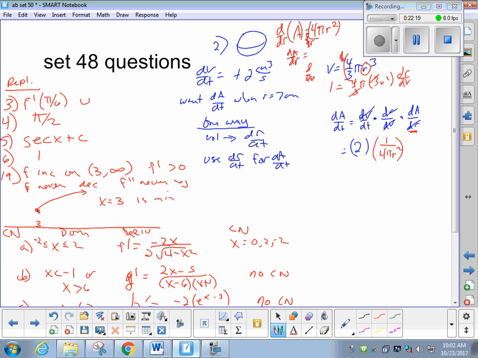With respect to r. 8 pi r dr dr, and so done. Now that then is, notice the pi's whoosh, go away, and 4 goes into 8, and then r goes away. And so I get something like 4 over r, which is 7. Done.